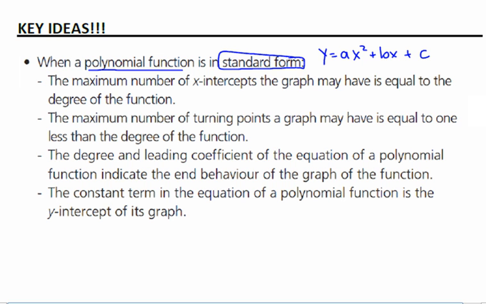An easy way to remember a polynomial function, because the definition I gave you is kind of wordy, is that the exponents on the variable are all whole numbers. Does that help? Okay. Exponents on x, the variable x, are whole numbers. What are whole numbers?